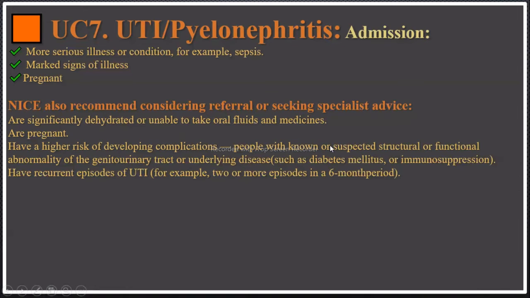People with known or suspected structural or functional abnormality of the genitourinary tract or underlying disease, such as diabetes mellitus or immunosuppression. Have recurrent episodes of UTI, for example, 2 or more episodes in 6 months. So remember that: when to admit, when to do referral and or specialist advice.